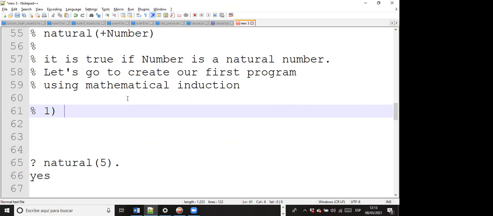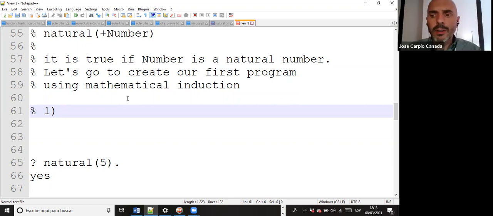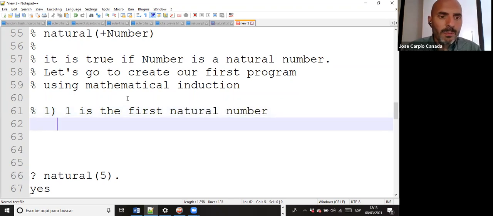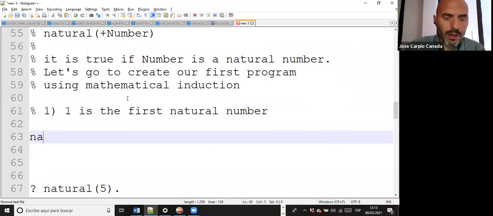It's 1, right? Number 1, exactly, because zero is not a natural number here. 1 is the first natural number. Okay, how do we express that in Prolog? We say something like natural(1). This is a way to say that one is a natural number.